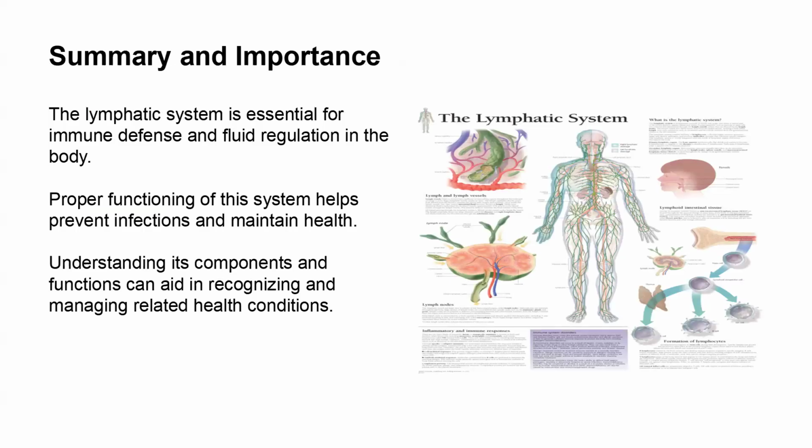The lymphatic system is essential for immune defense and fluid regulation in the body. And very importantly, proper function of this system will help to prevent infections and maintain health. Therefore, understanding its components and functions can aid in recognizing and managing related health conditions.